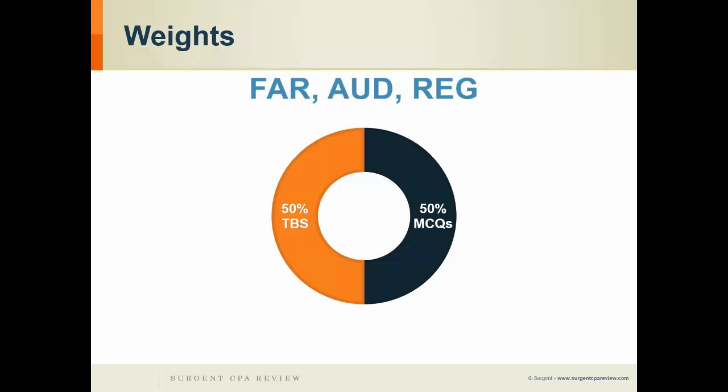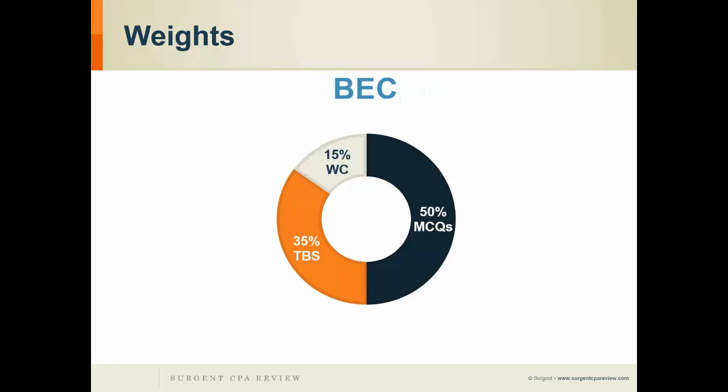So I actually think the higher weighting of the task-based sims is good for candidates. I really do. Now, in BEC, it used to be 85% of the points came from multiple choice. Now the multiple choice are only worth 50%, and the task-based sims are worth 35%.